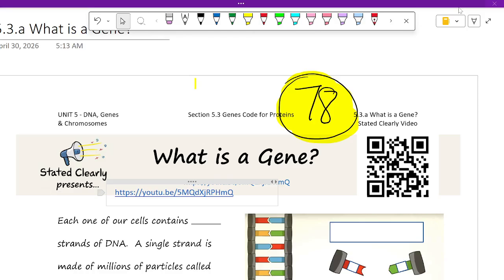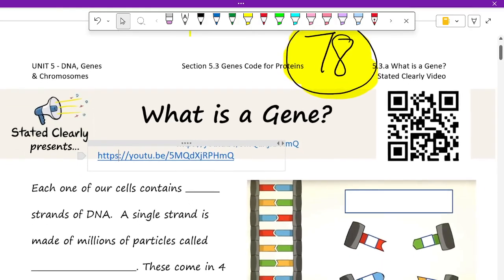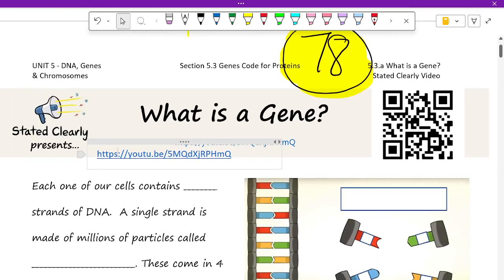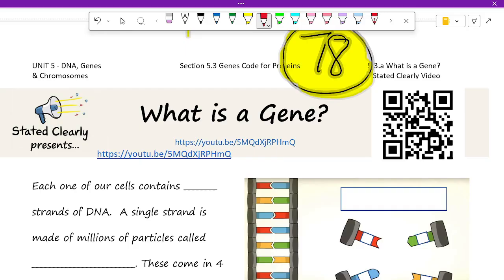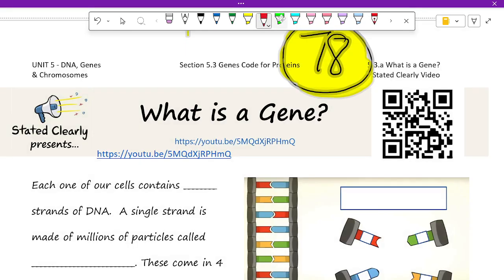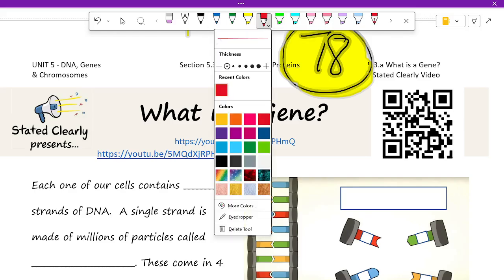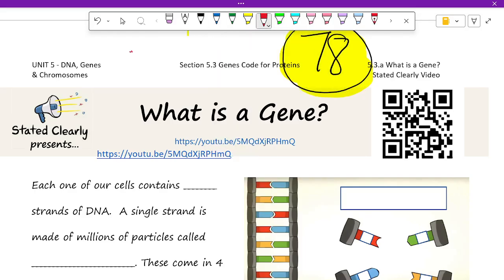So let's go through here and see what we can fill in. Each one of our cells contains how many strands of DNA? 46.